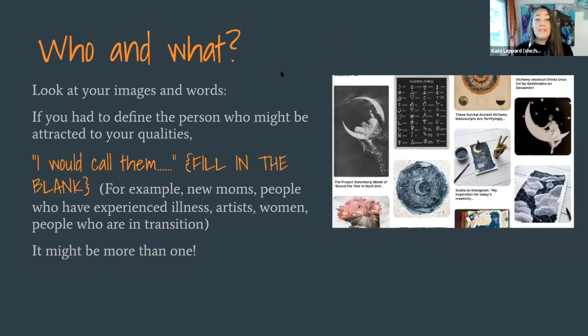If you had to define the person who might be attracted to your qualities, I would call them, for example, premenopausal women, new moms, people who've experienced illness, artists, women, people who are in transition, and it might be more than one. I want us to spend 5 minutes right now brainstorming, not limiting yourself, but just letting yourself see who would be drawn to these images. Who is the person that might be attracted to your qualities, to these images, to these words?